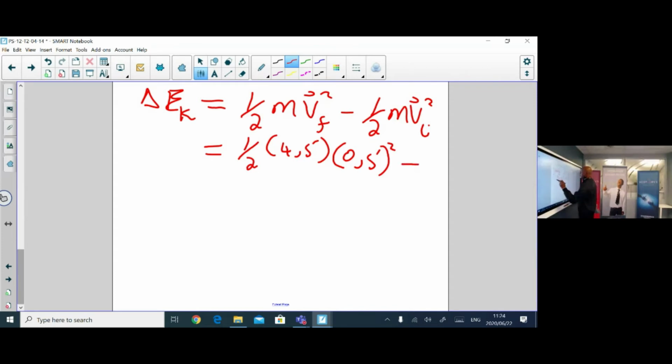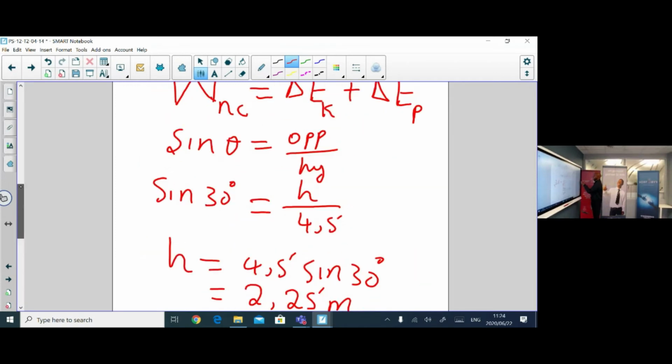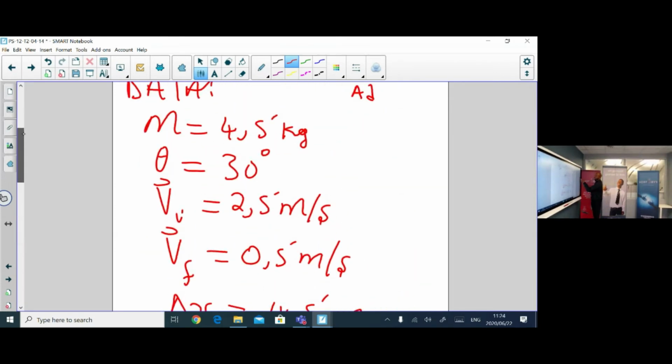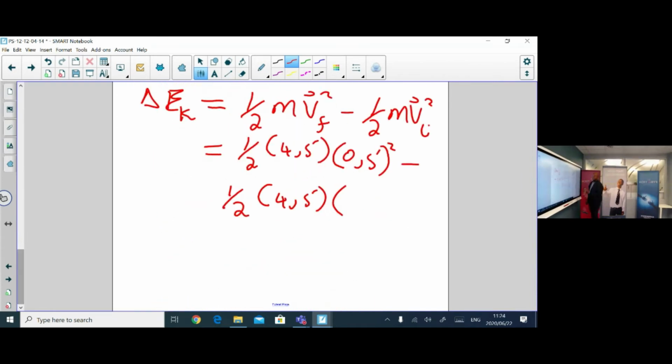This is minus, not equals, minus half times 4.5 multiplied by the initial velocity. Let us go back and check: the initial velocity is 2.5, squared.